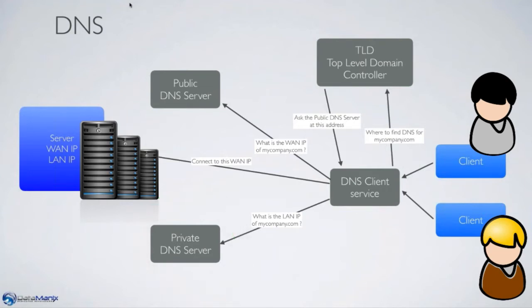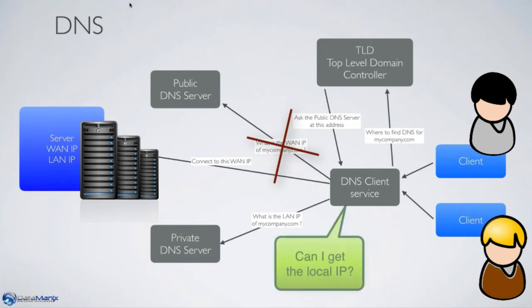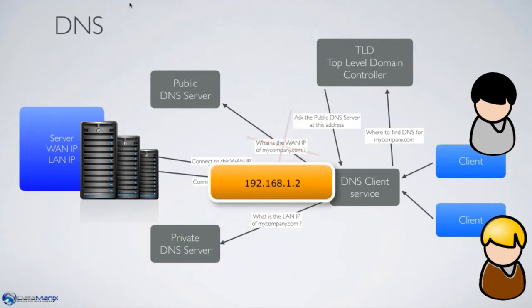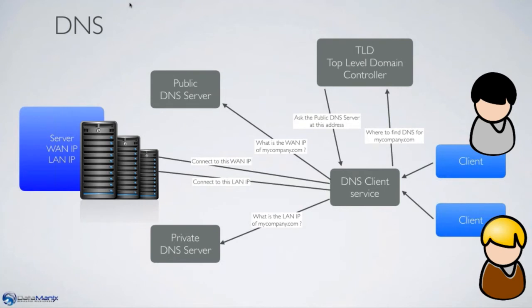So instead of going out to the public and asking for the IP address of the server we want to connect to, we are just asking the private DNS server, which will respond and give you the local area network IP address. So the local IP address of the server is what you get as a response, and you connect directly this way.